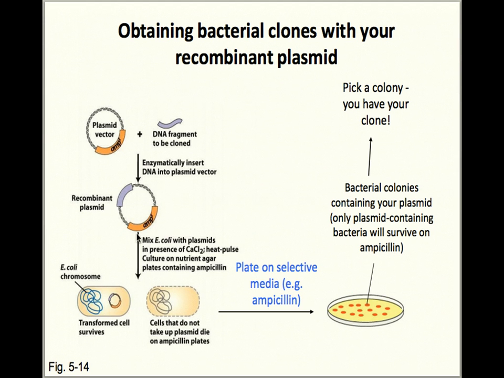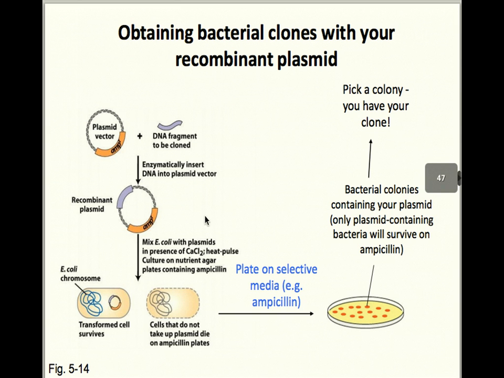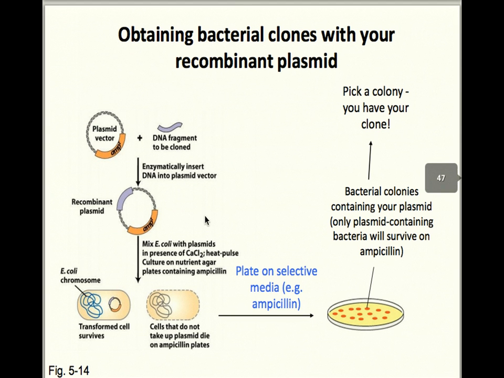And if your vector has a selectable marker on it, selectable marker is just a fancy jargon term meaning some gene on the vector that can be used to select cells that have taken up the plasmid. It doesn't have to be, but often this is an antibiotic resistance gene. Not all of the E. coli cells are going to take up the DNA necessarily.